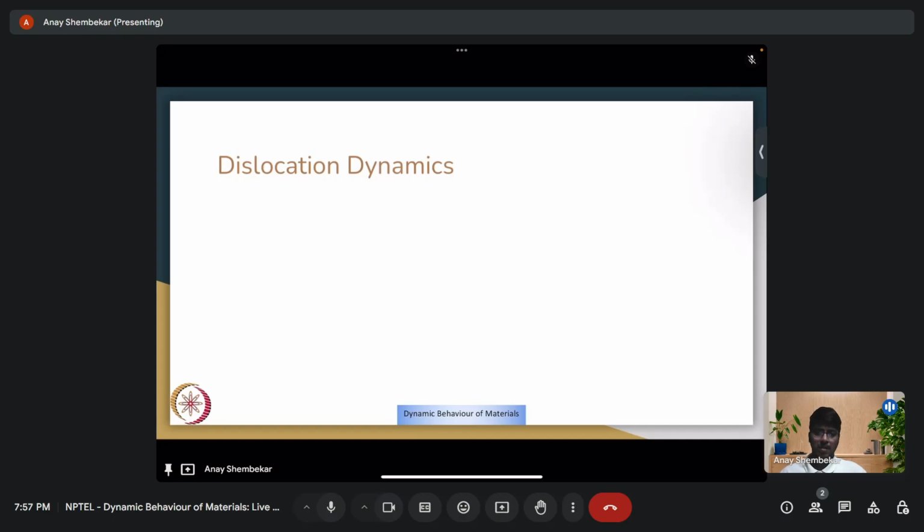So the final part that we looked at is something related to the microstructure of the material, particularly dislocation dynamics. Here, before we begin, it's important to restrict ourselves to dislocation motion resulting in plastic deformation.